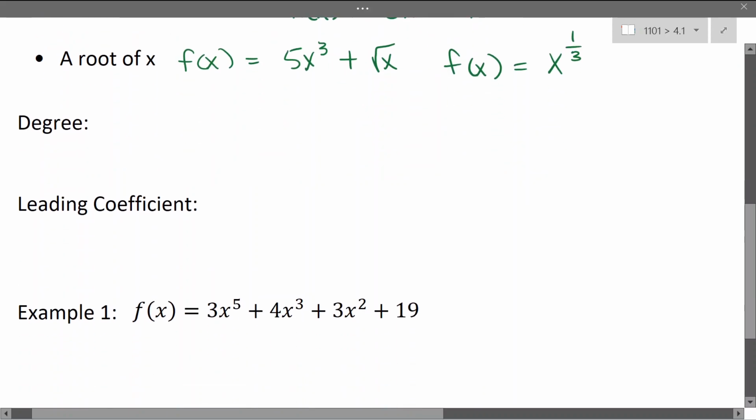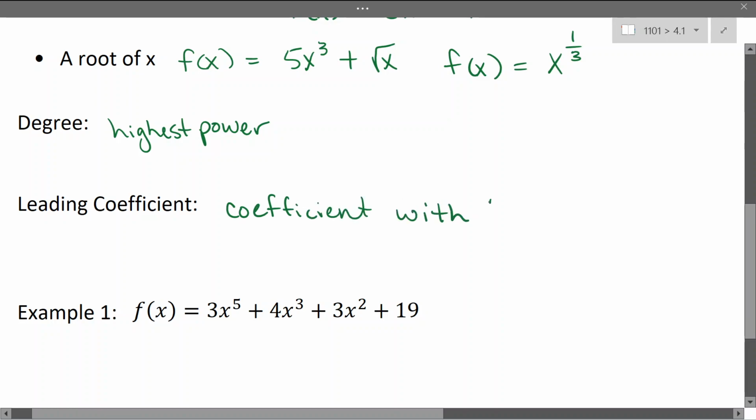So the degree of a polynomial is the highest power of the polynomial. And the leading coefficient is the coefficient with the x with the highest power.